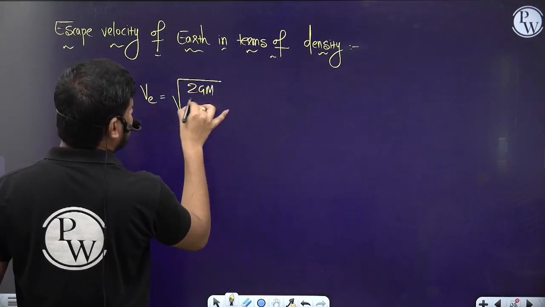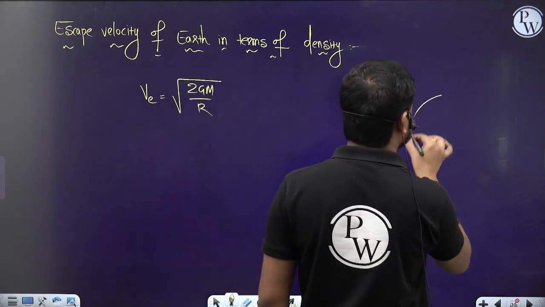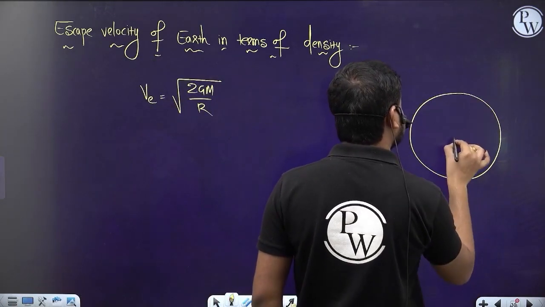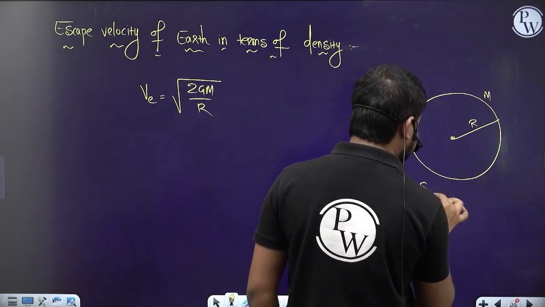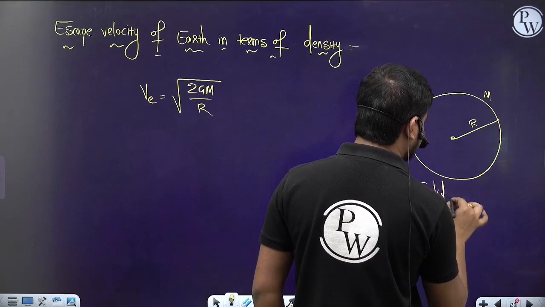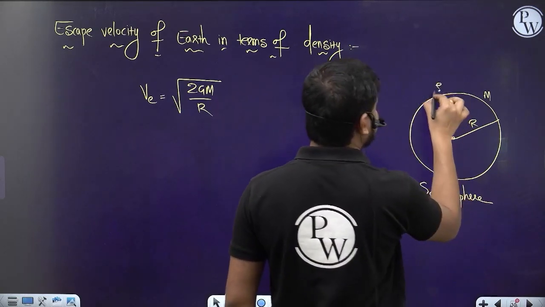Now, Earth is considered as a solid sphere, whose mass is m and radius is r. Let's suppose this Earth has the density rho.